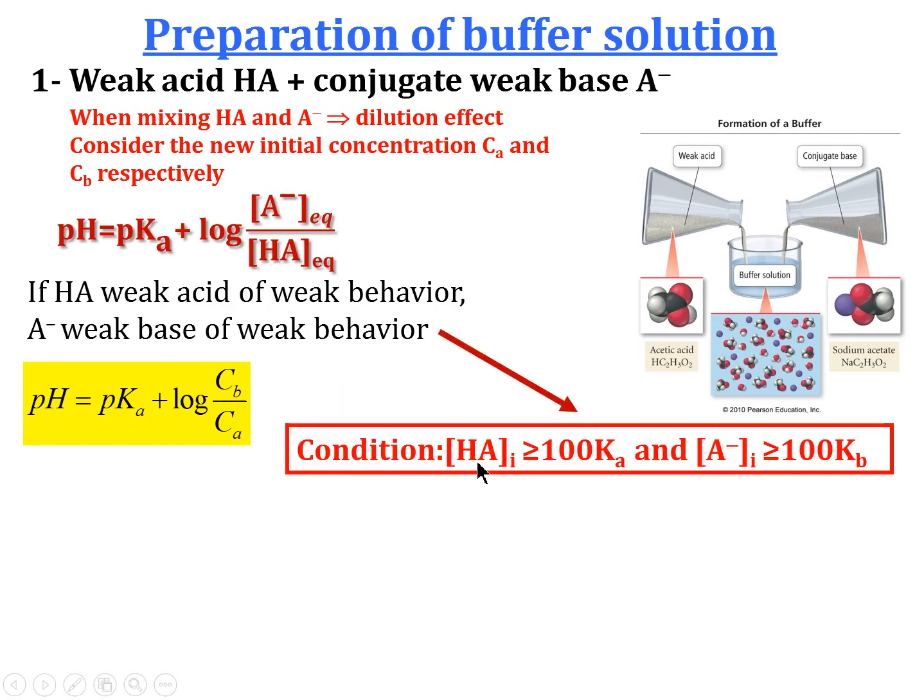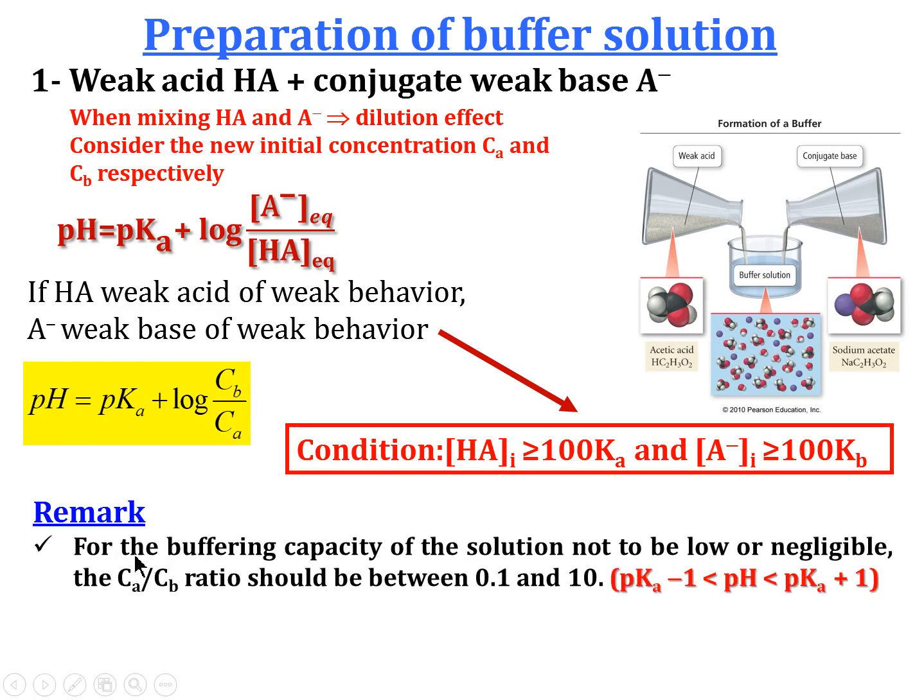That means the initial concentration of the acid should be greater than 100 Ka of the couple, and the initial concentration of the base we used should be greater than 100 times Kb of the couple HA/A-. So pH equals pKa plus log Cb over Ca can be applied if we have these two conditions.